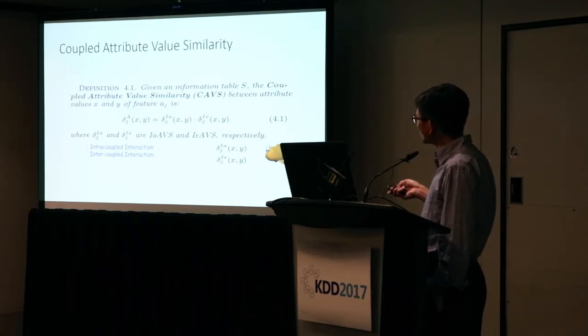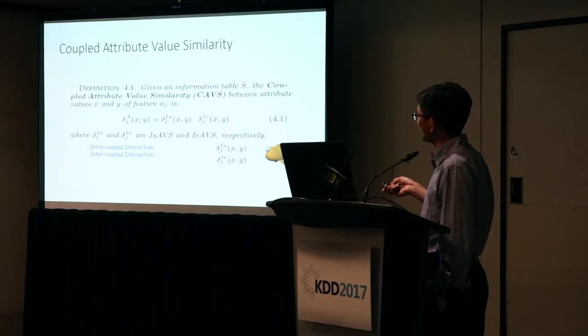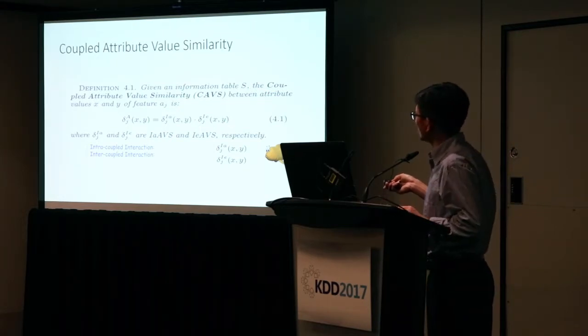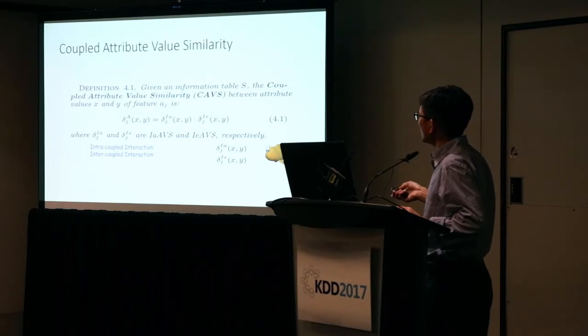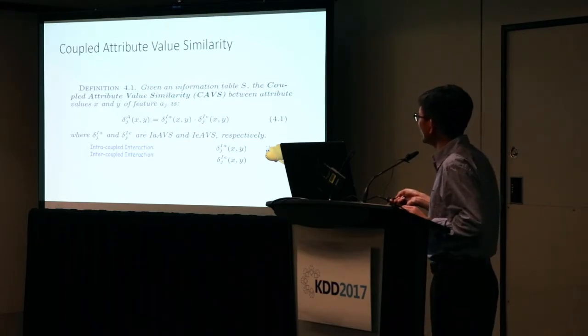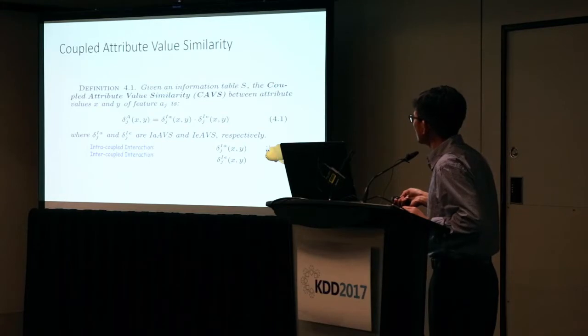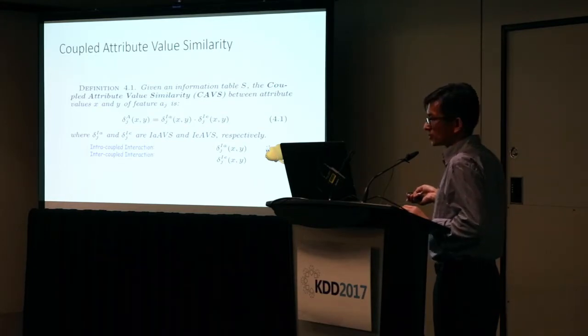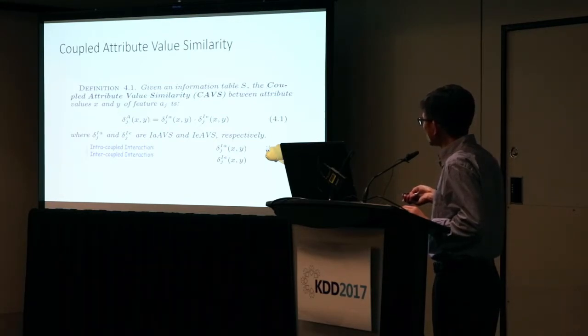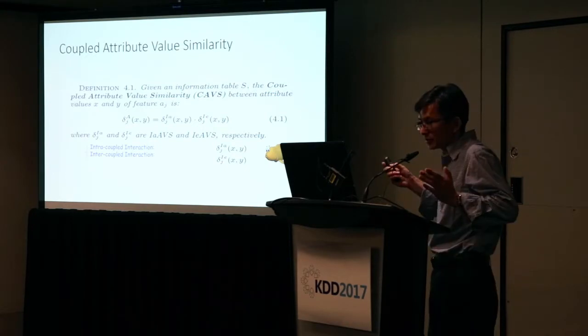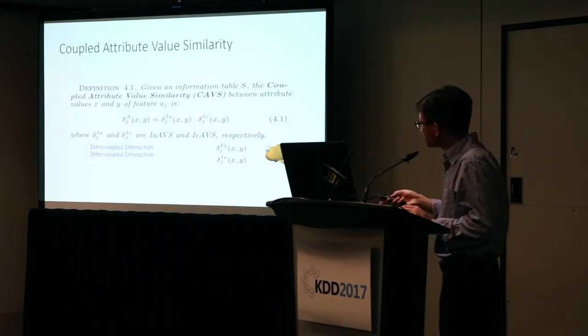One is within this attribute j, which we call delta j IA, the intra-attribute relation or similarity between x and y. We call it intra-coupled interaction. Another part is called inter-attribute coupled interactions or relation, that's delta j IE. It captures the relationship between x and y for attribute j as affected by all other attributes. Make sense?